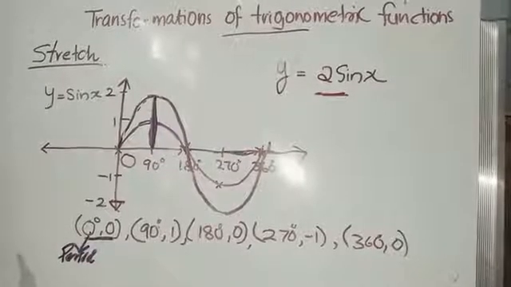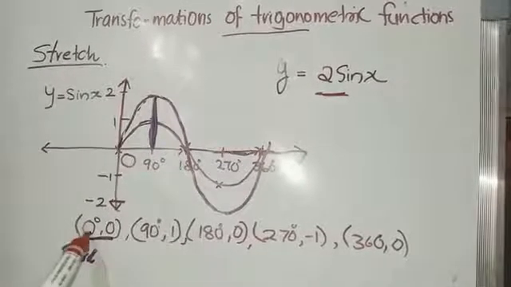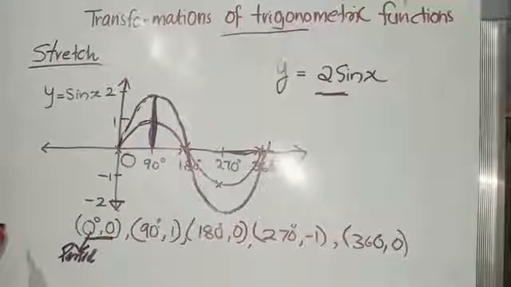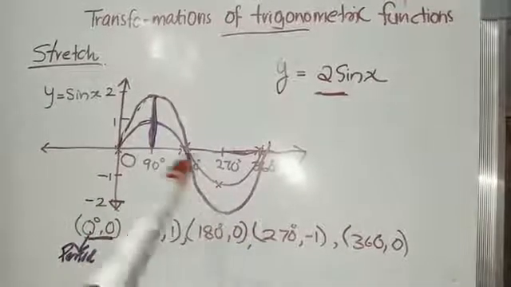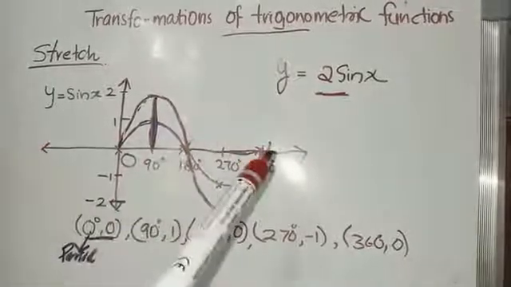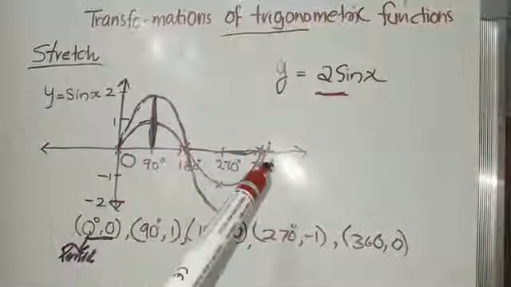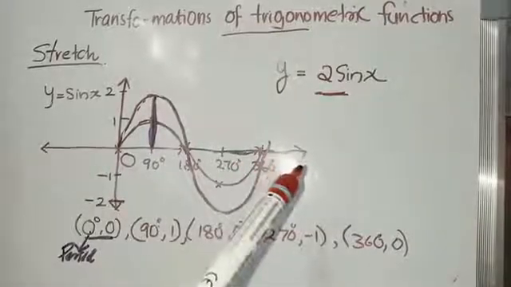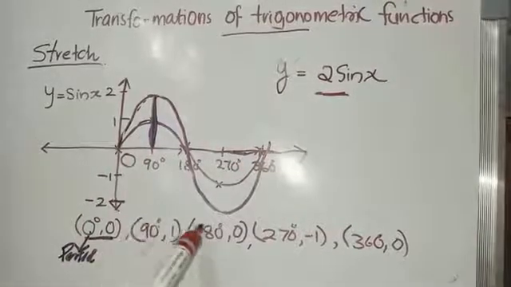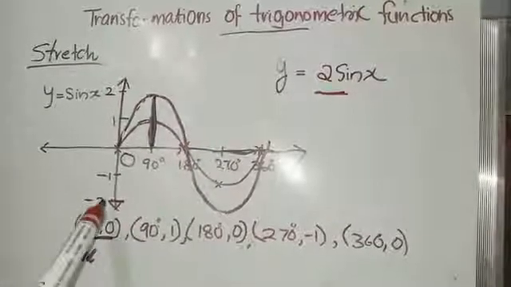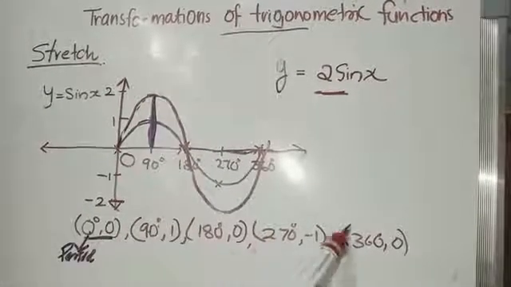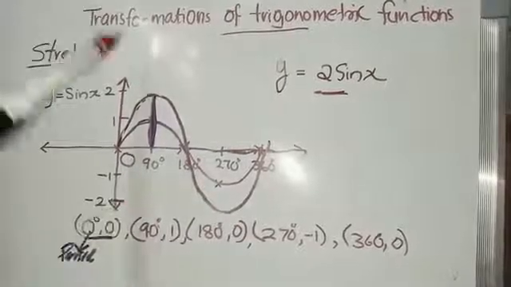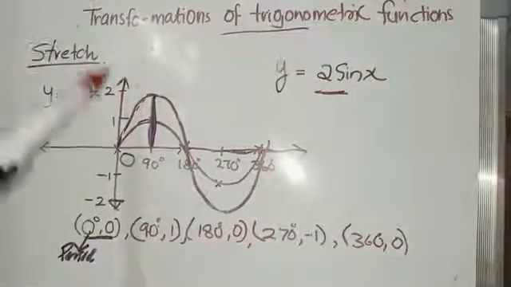If there is any change in period, it affects the first term. That means horizontal stretch or horizontal translation. Anything related to the horizontal transformation affects the first term: 0, 90, 180, 270, 360. And anything related to the vertical transformation affects the second term.